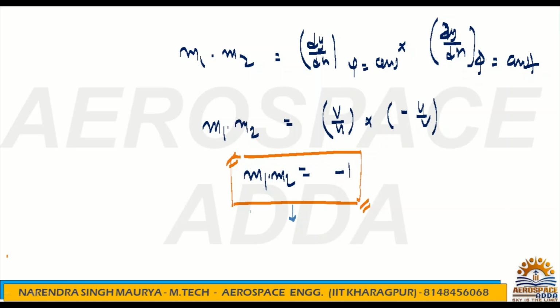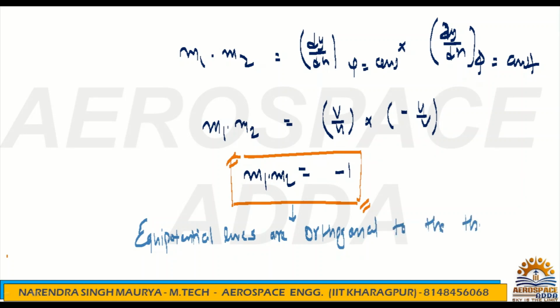That means the equipotential lines are orthogonal to the streamlines.